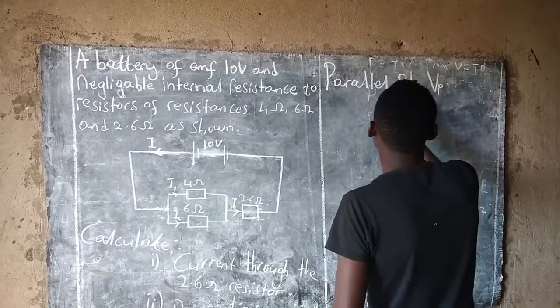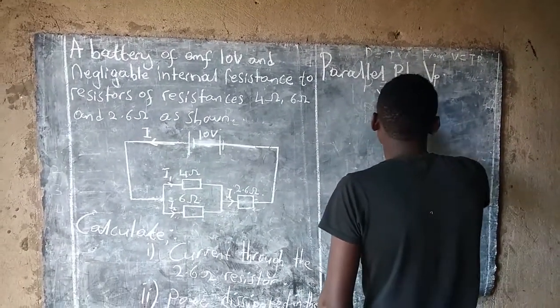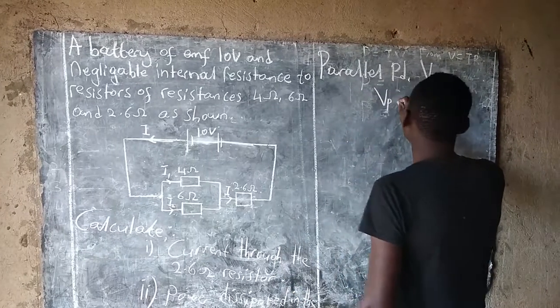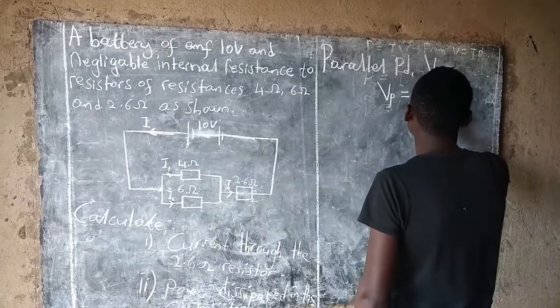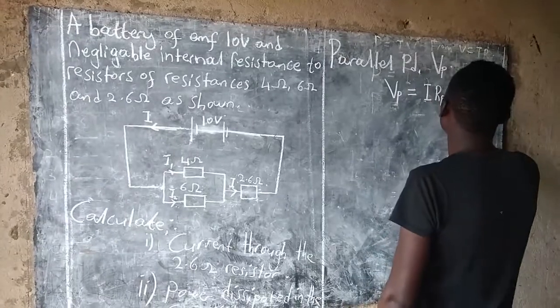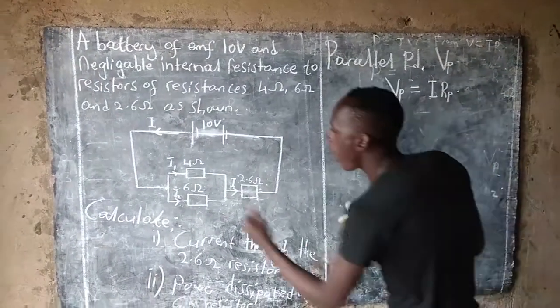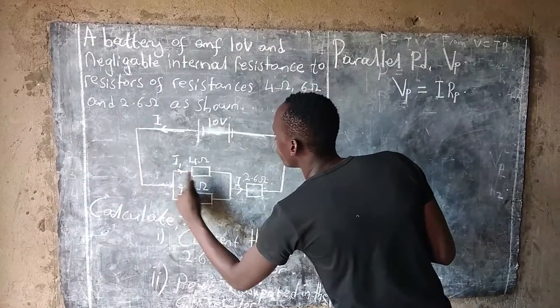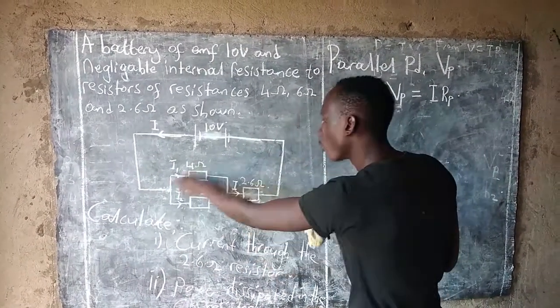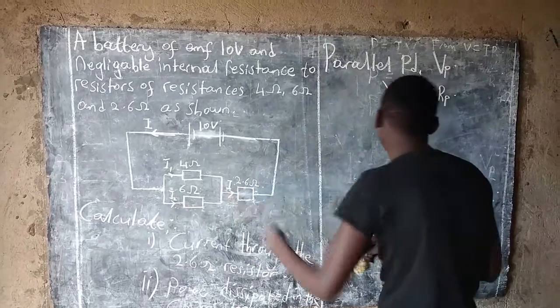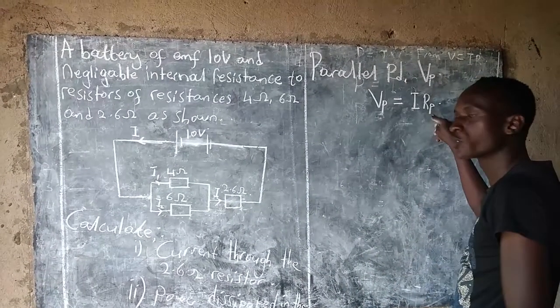You can as well cram this, but it is not good to cram. So VP equals I RP. Yes, the I is the same because when you combine this combination, it gives you this I. So I RP is going to be our VP.